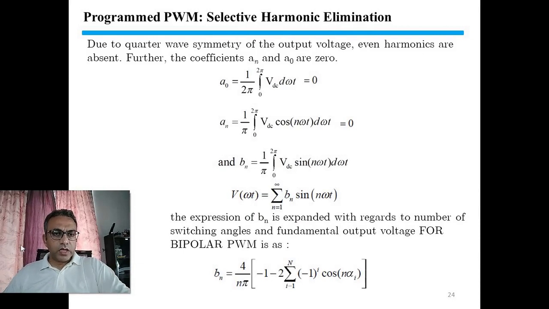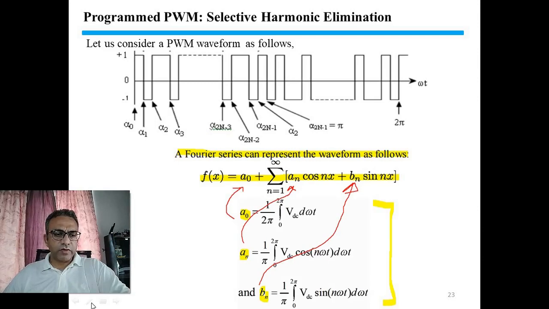So let us look at the waveform. This is our waveform whose mathematical function we want to derive. It has quarter symmetry. That means that the waveform is symmetrical quarterly.